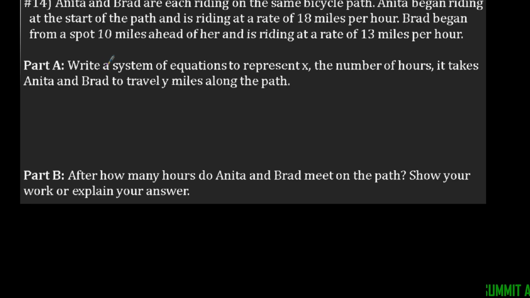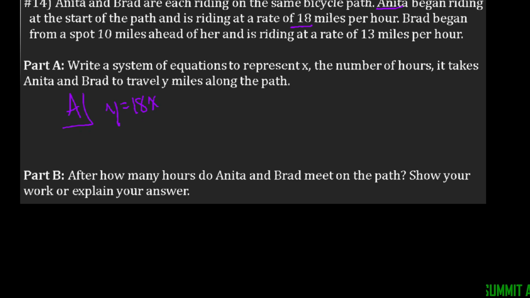So we're going to say for Anita, it gives us a rate of 18 miles per hour. So Anita's equation, we can write it as y equals 18x, because this is going to be the total distance traveled at this rate.